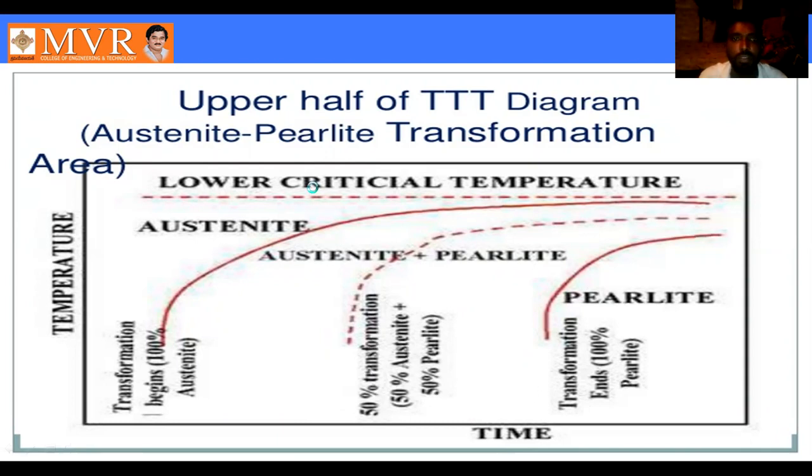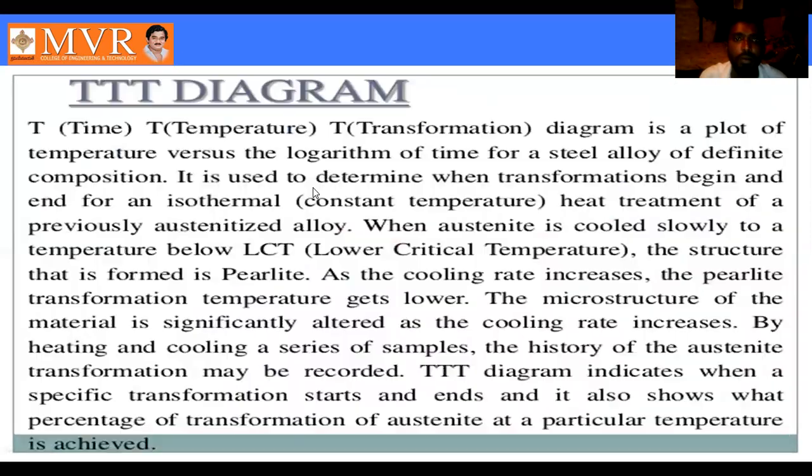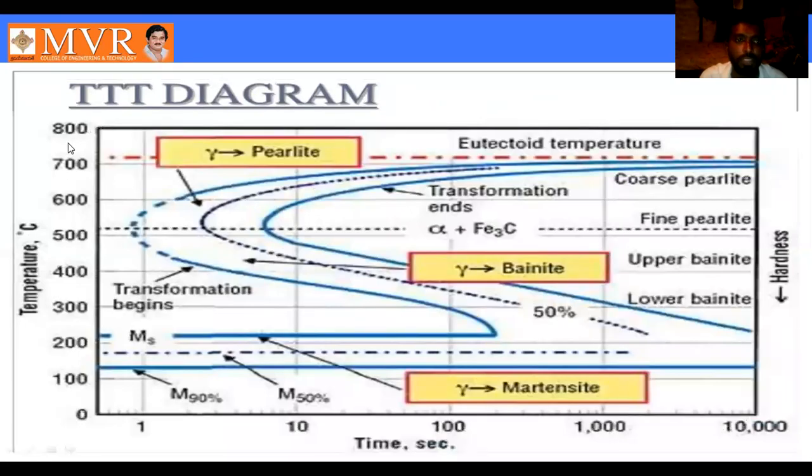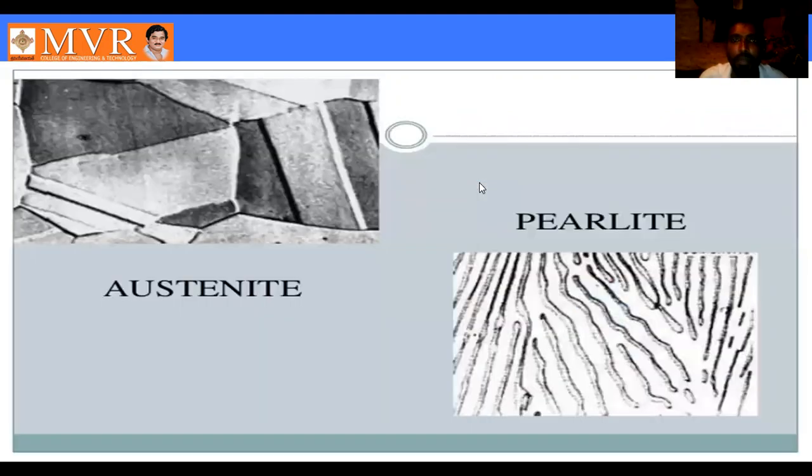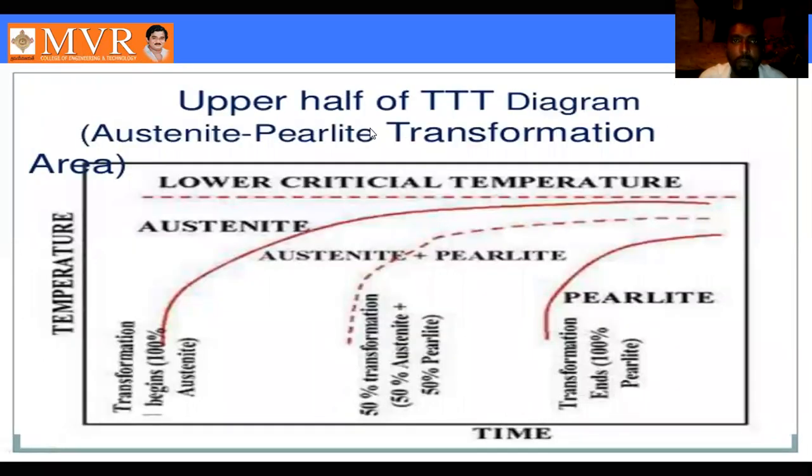In this diagram, the upper transformation starts at this line where the transformation begins. Here onwards we can observe 100% austenite. In this line, 50% austenite and 50% pearlite. In the last line, 100% pearlite. So it is the upper half of the TTT diagram, the austenite to pearlite transformation.